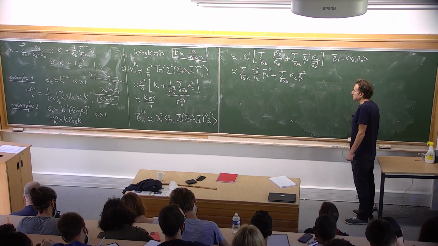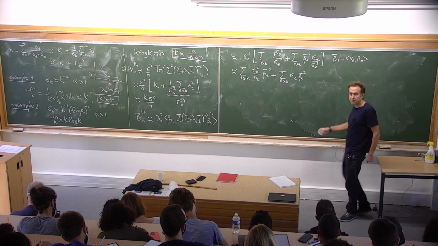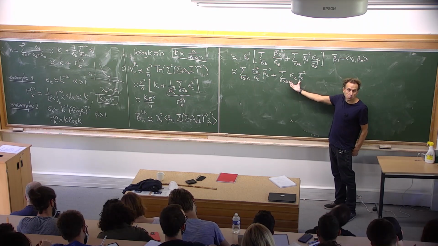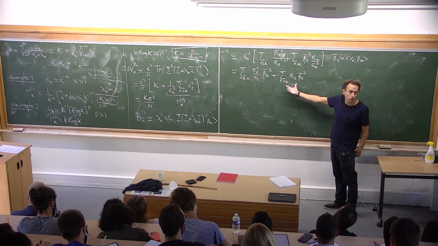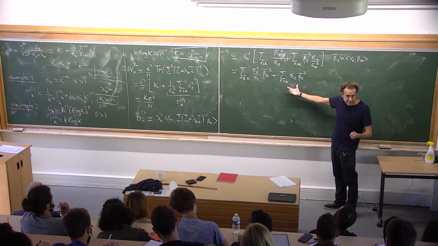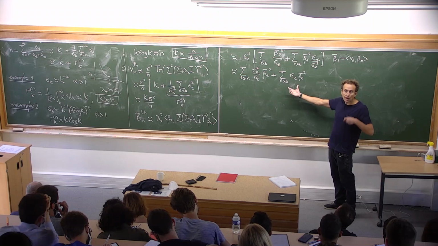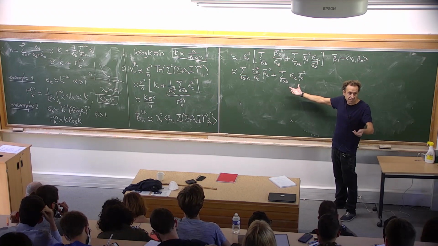So this tells me something very interesting: that what this piece is telling me is that I'm not fitting at all the projection of beta star onto eigenvectors after k.